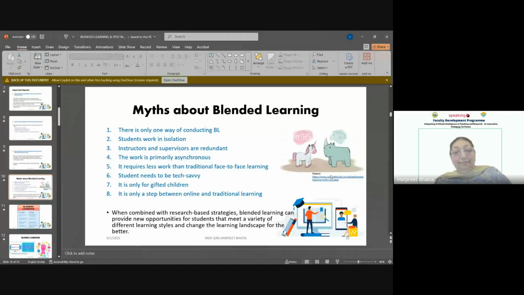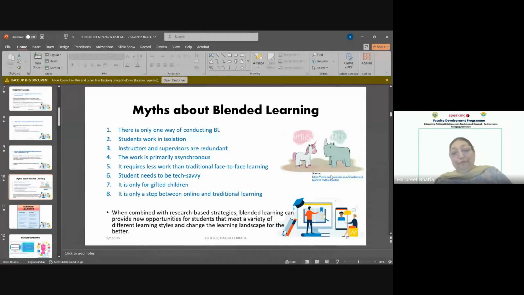The third myth is that instructors and supervisors will be redundant in blended learning. This is a fear a lot of faculty also shares, that if there is blended learning and a lot of information is coming online, then what is our work, what will we do, we will be out of jobs. But that's not true.